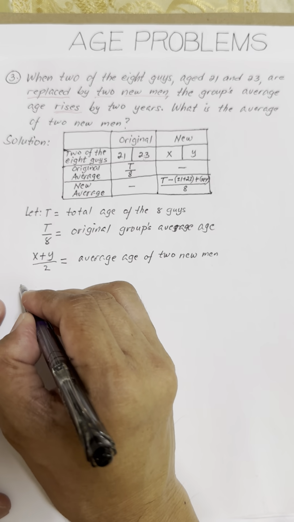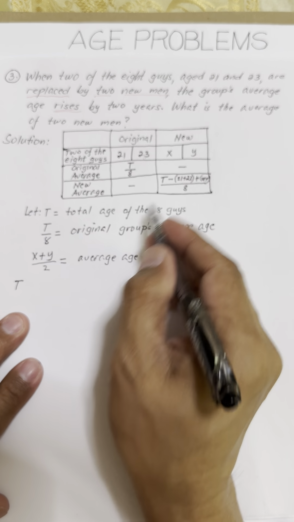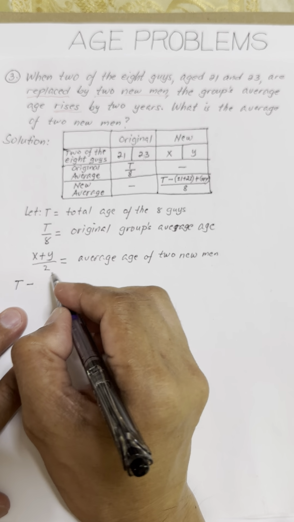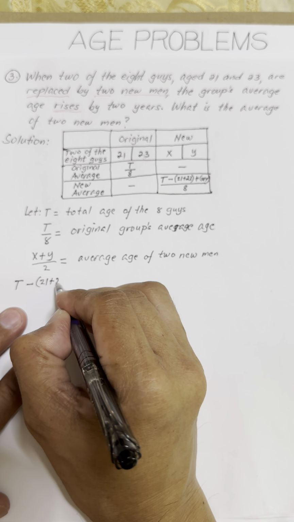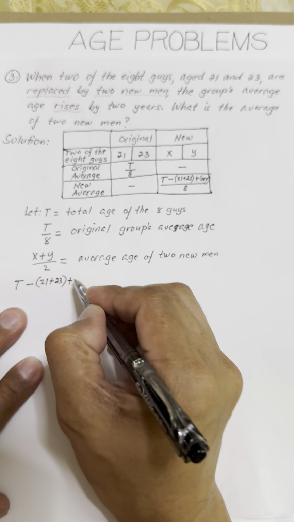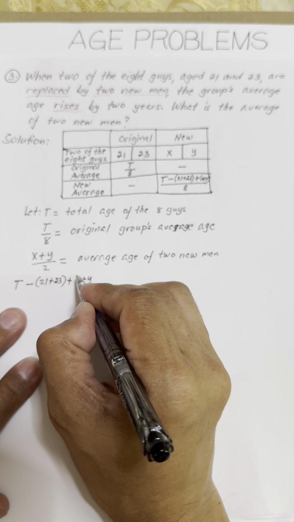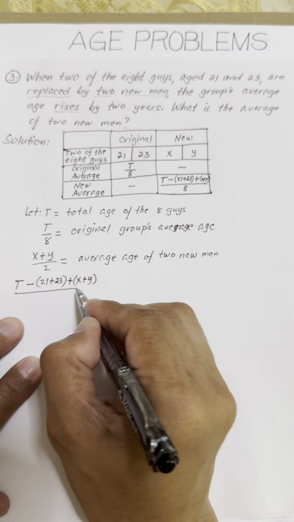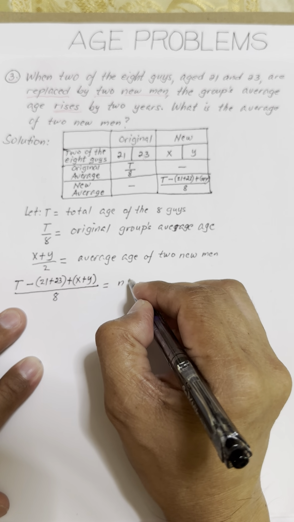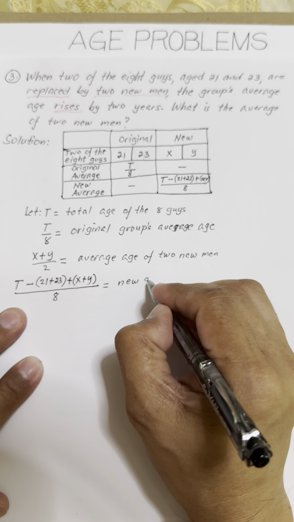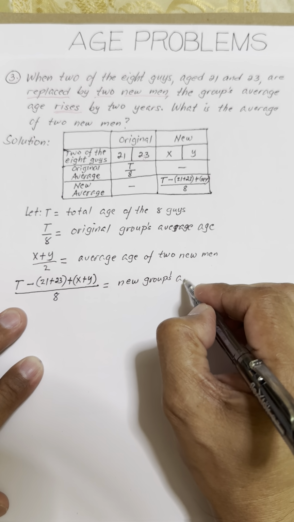So from this table we have T minus 21 and 23, plus the new 2 men, x plus y, then we divide this by 8 because we're talking of average. This is what we call the new group's average age.